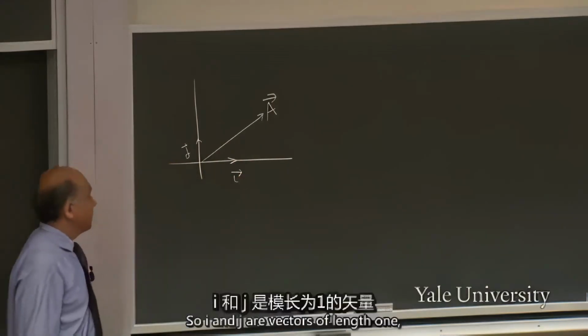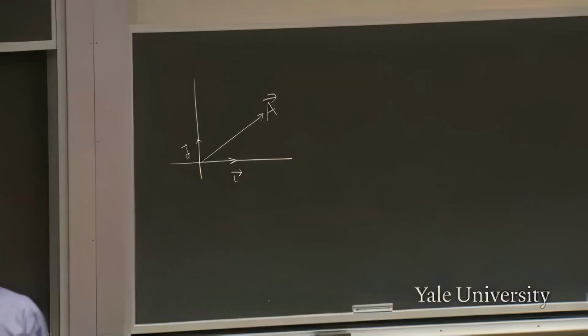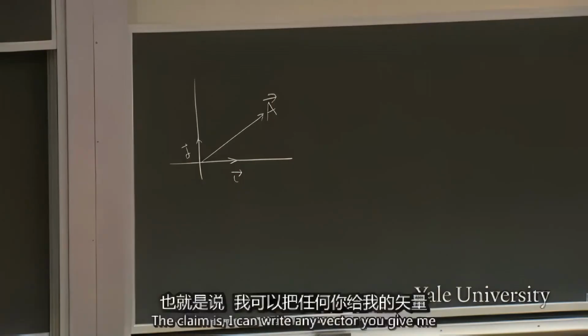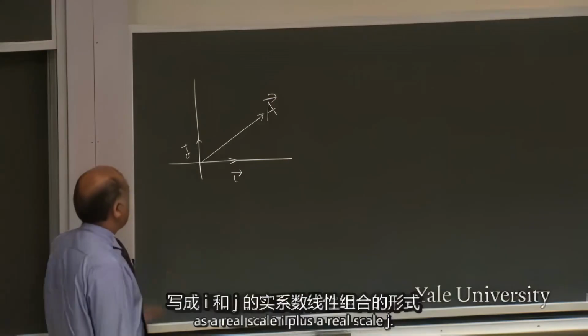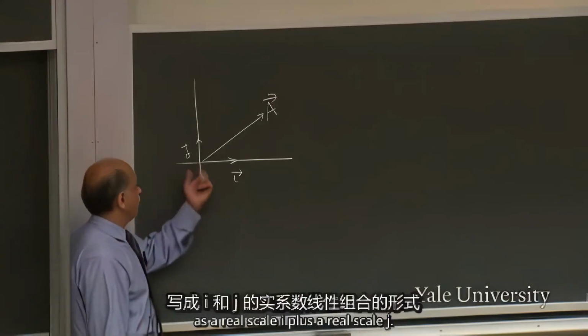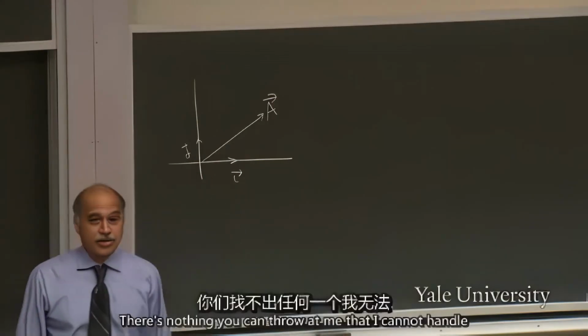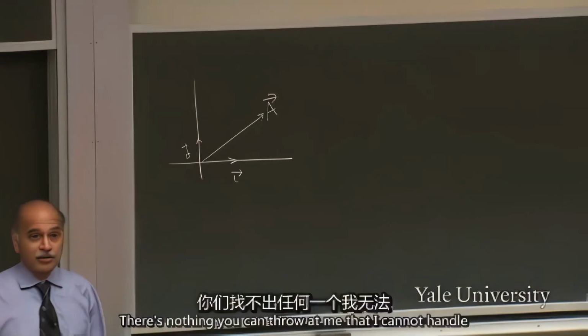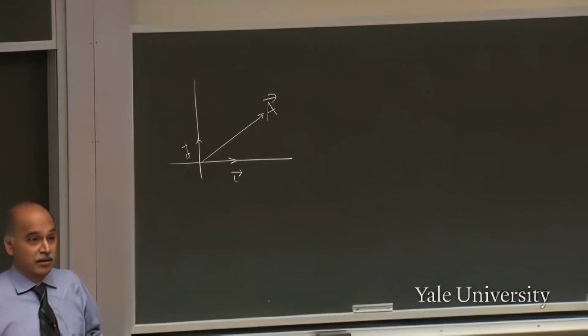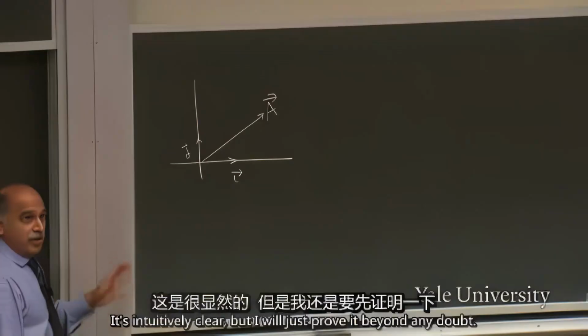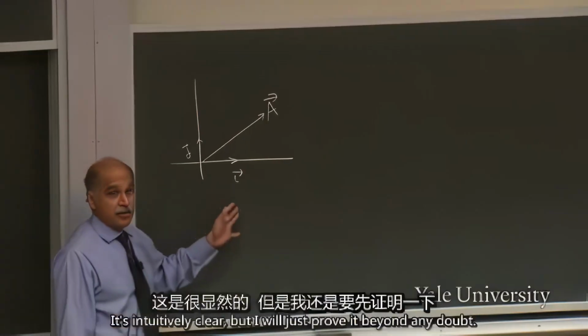So i and j are vectors of length 1 pointing along x and y. The claim is I can write any vector you give me as a rescaled i plus a rescaled j. There's nothing you can throw at me that I cannot handle with some multiple of i and some multiple of j. Now it's intuitively clear, but I will just prove it beyond any doubt.